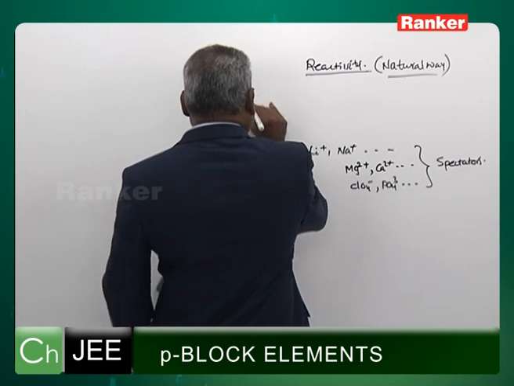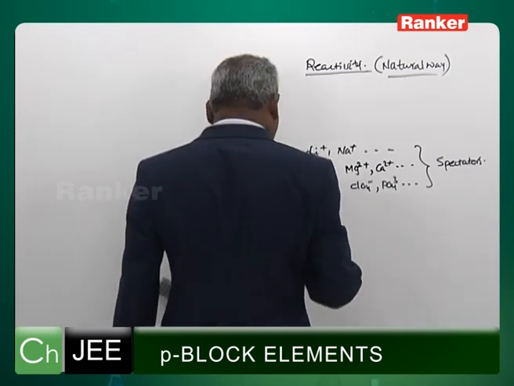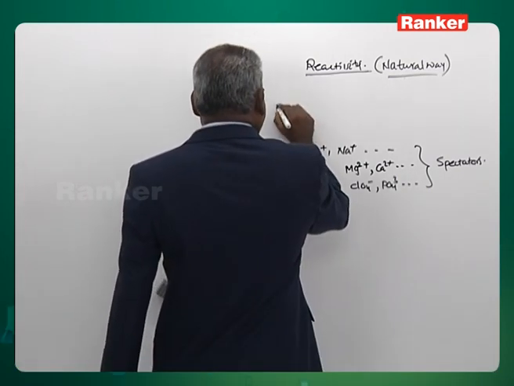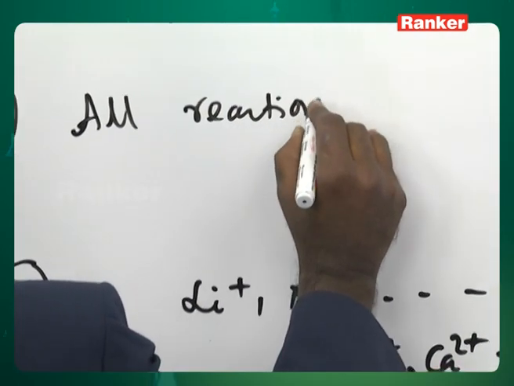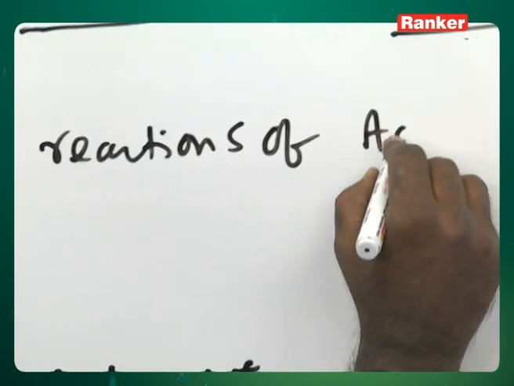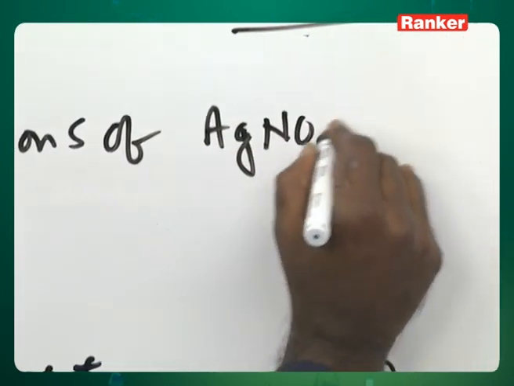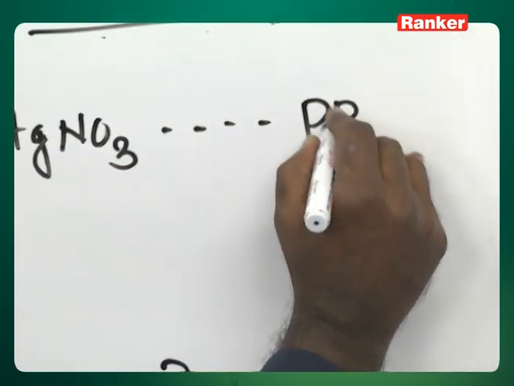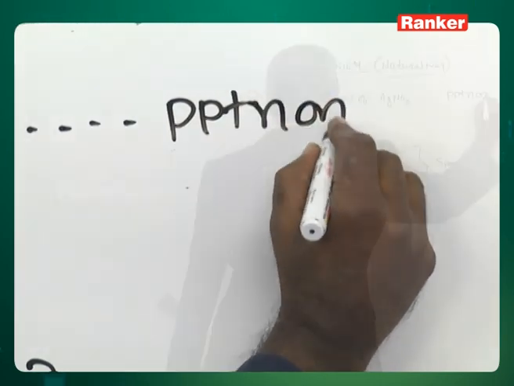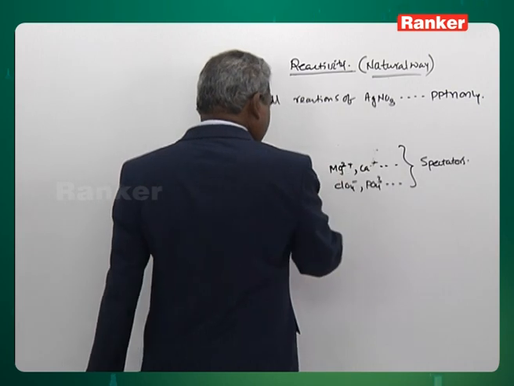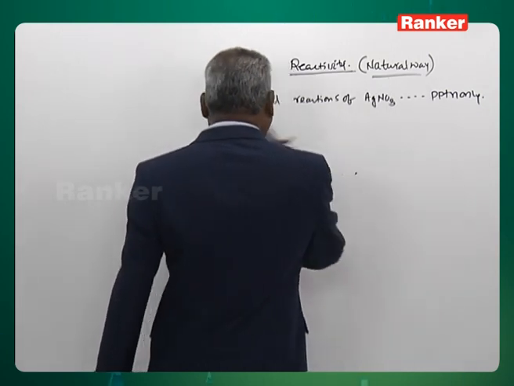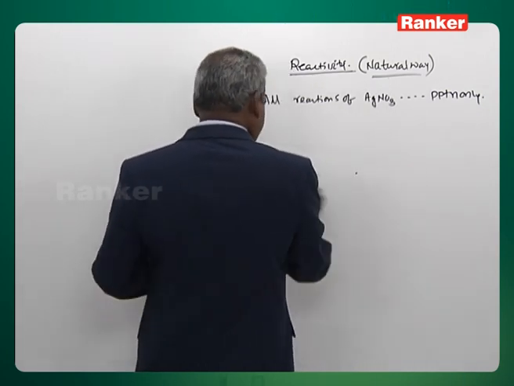The 11th reactivity. All reactions of silver nitrate are precipitation only. What do you mean by that? Silver nitrate doesn't have any special type of reactivity.